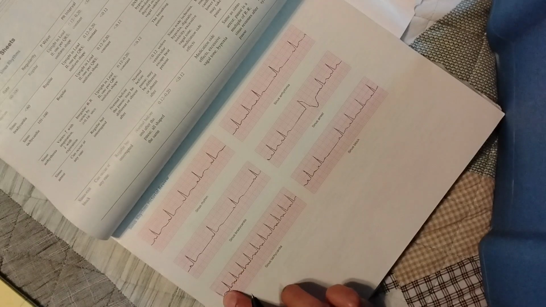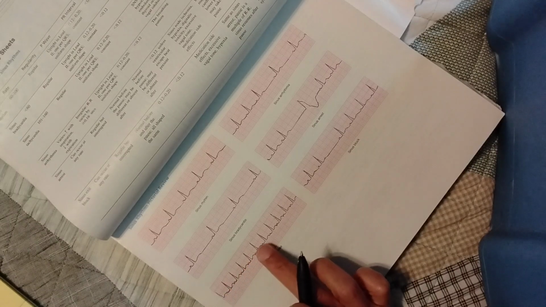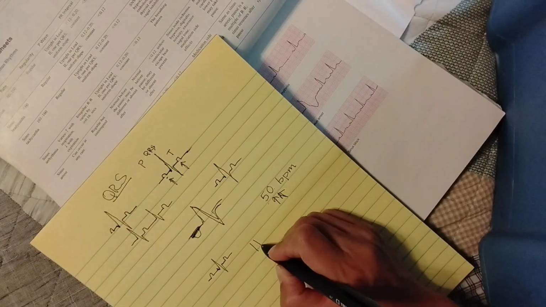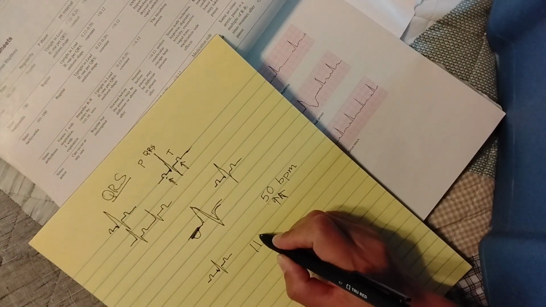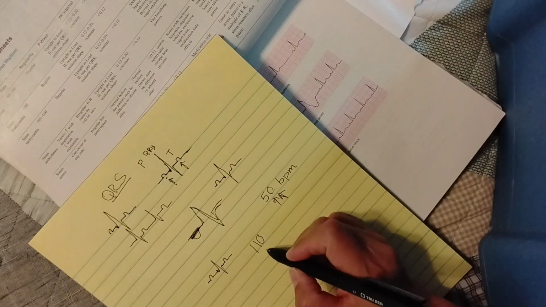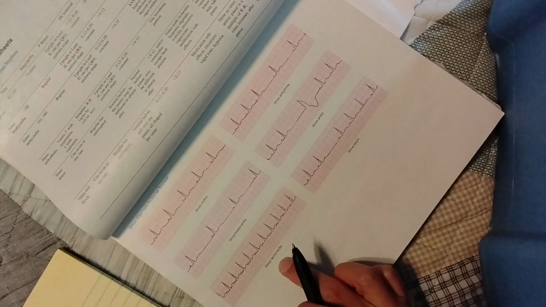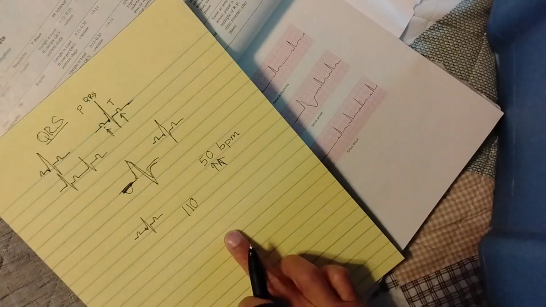That would make it 11. So how do you make it to beats per minute if you have 11? 110. Yeah, you add that 0 in the end. So this one, sinus tach, is running at 110 beats per minute.